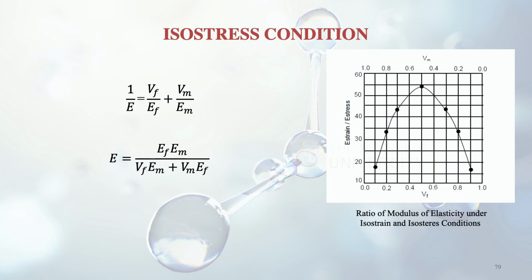It reaches a maximum and then it goes down when the volume fraction is further increased. That means the Young's modulus in the strain condition is increasing with respect to the stress condition up to a certain level of VF, and then it is further going down.